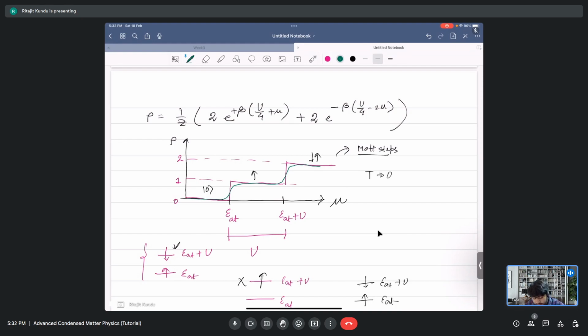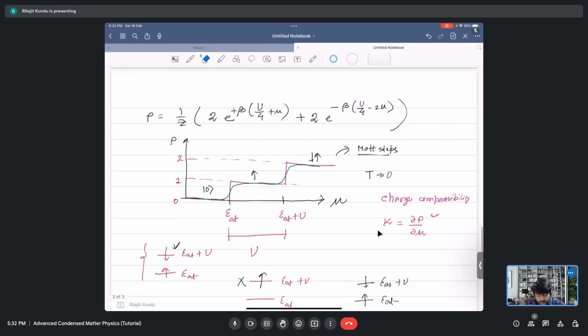Now, there is something called the charge compressibility, which is given by kappa equal to del rho del mu. So charge compressibility is given by the rate of change in occupation as you are changing the chemical potential.